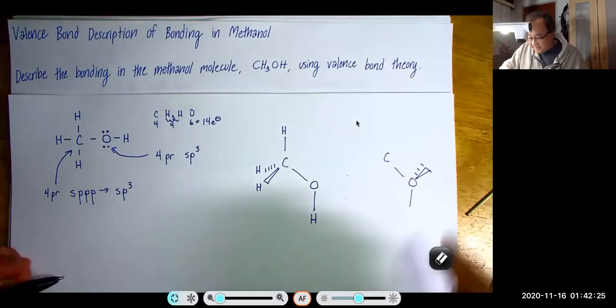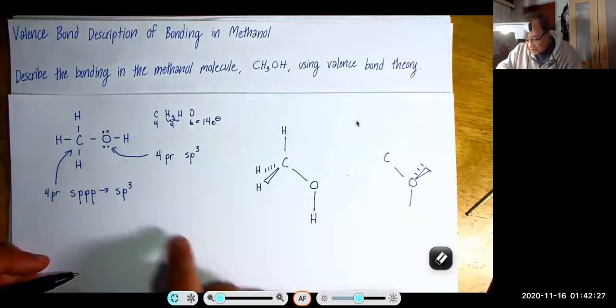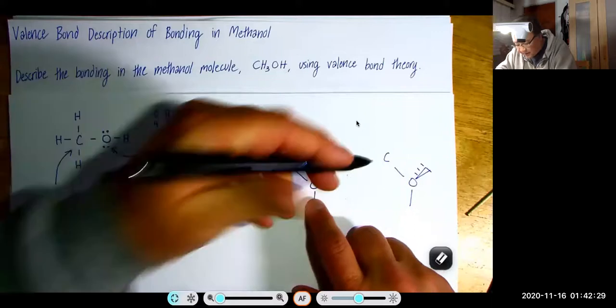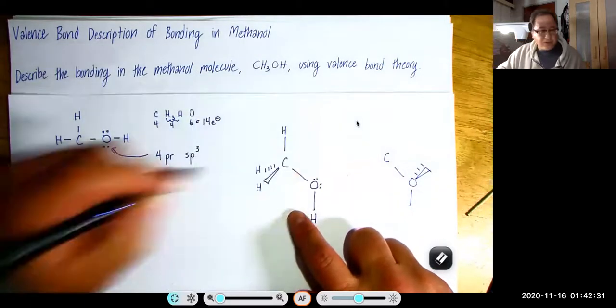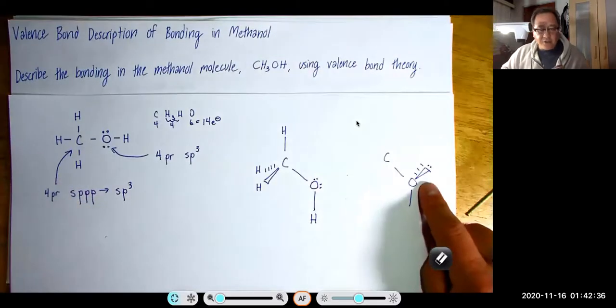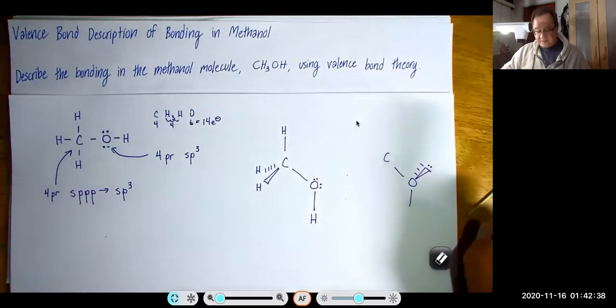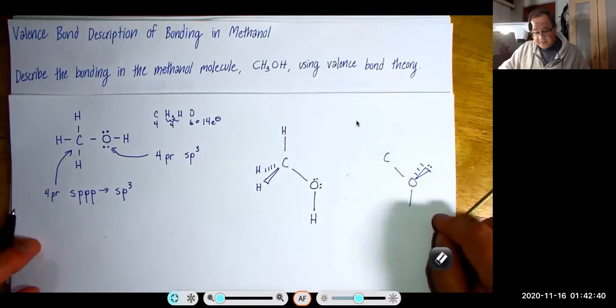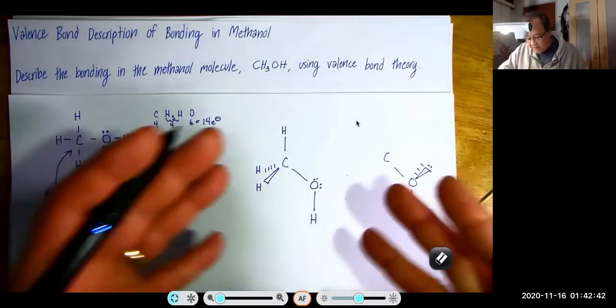Now, I don't want to do this here for this oxygen because what goes here and here are lone pairs. I don't want to have this because this looks like a bond to a lone pair, and that's goofy looking. So here is the bonding that's going on here.